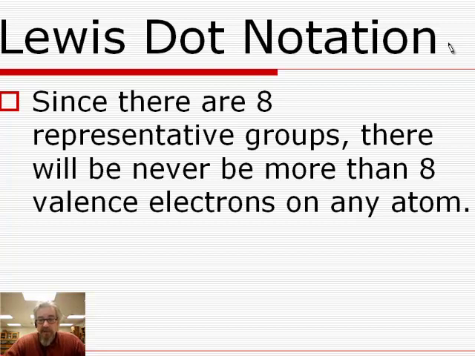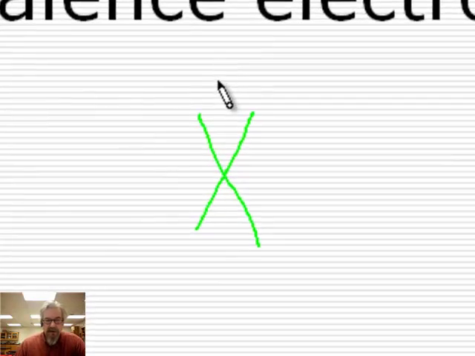Now, there are 8 representative groups, groups 1 through 8. So the most valence electrons you could ever have on any atom would be 8. So there's a way of thinking about this that's quite helpful. Think about the symbol of any element, like C for carbon or H for hydrogen. I'm using X here to be sort of generic.